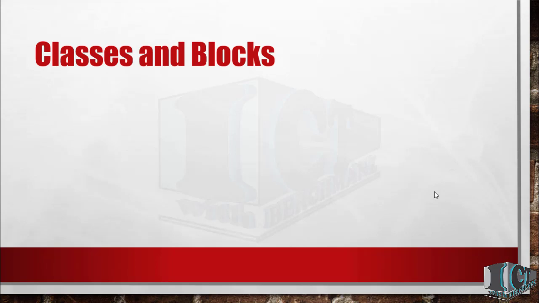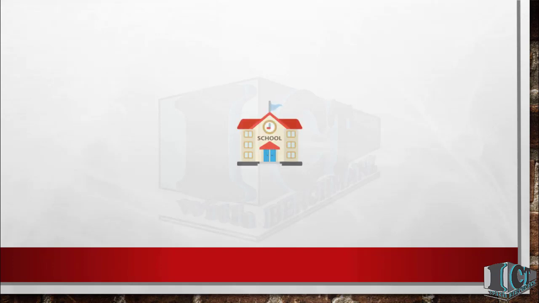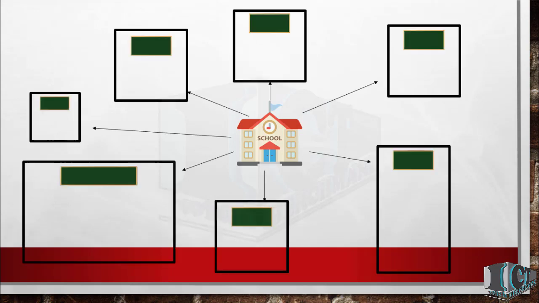Let me give you an example for these blocks using this diagram. Let's say this is a school where we are going to have a number of classes according to the size of the school. Depending on the size of the school, I can have different sizes of classrooms inside this school.